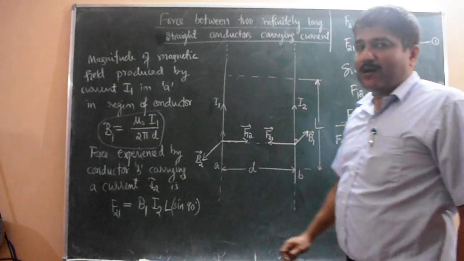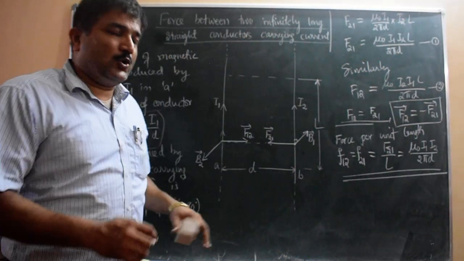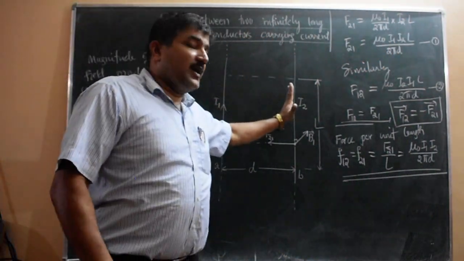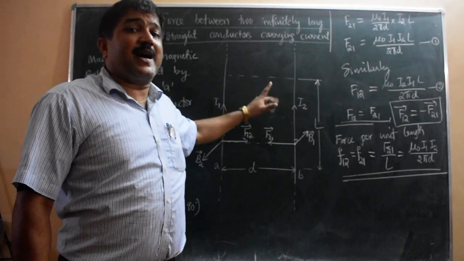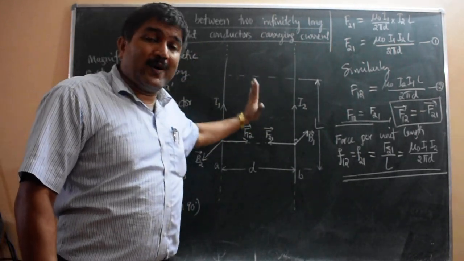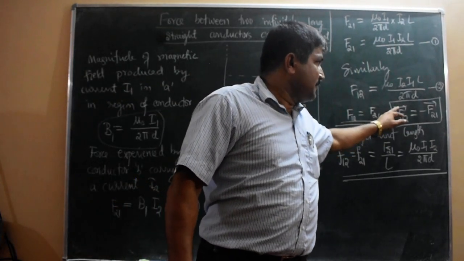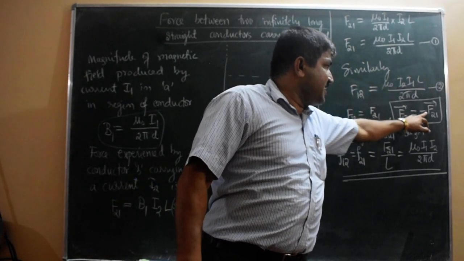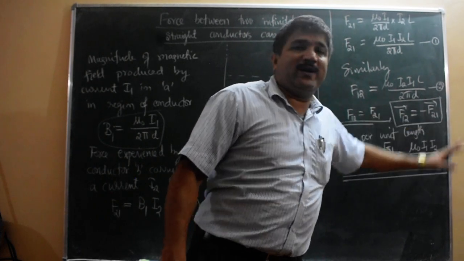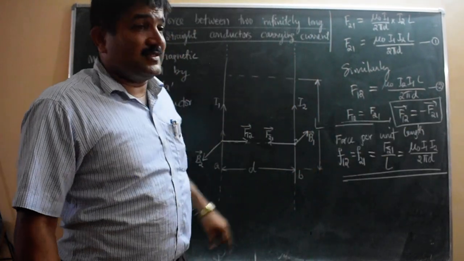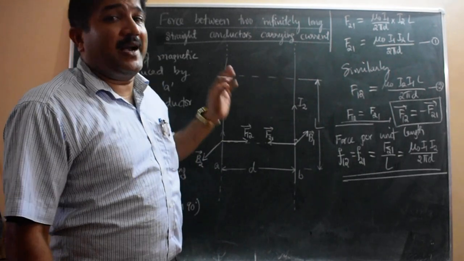The magnitudes of force produced by two infinitely long conductors carrying current are equal in magnitude and opposite in direction. Hence F12 vector is equal to minus F21 vector. That says Newton's third law, equal and opposite.